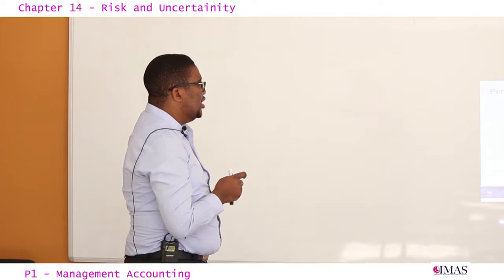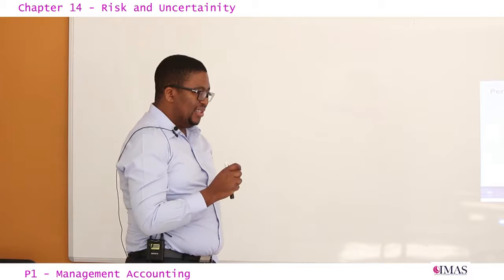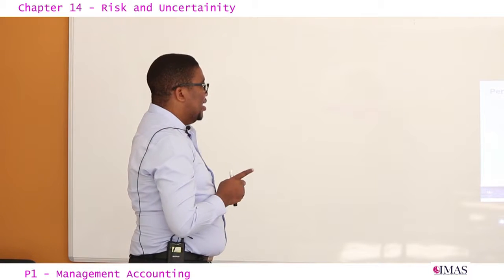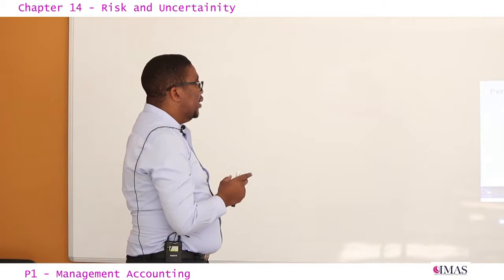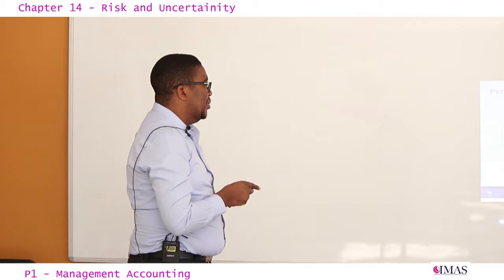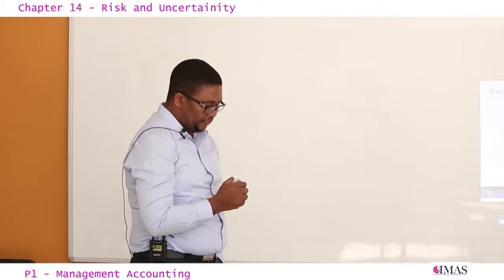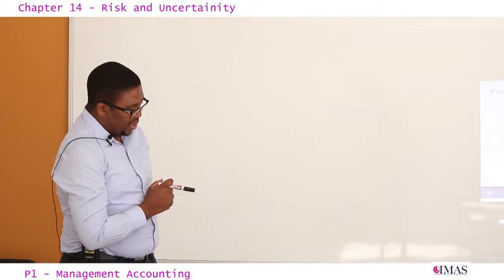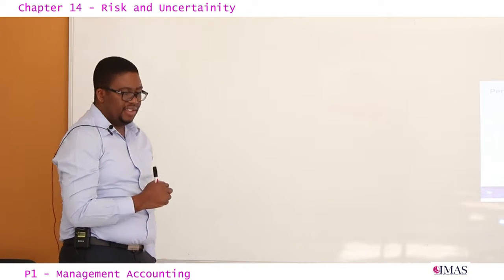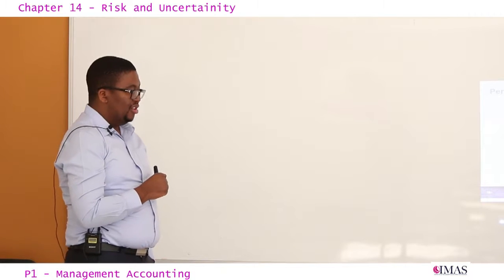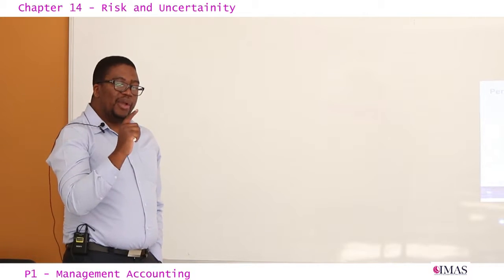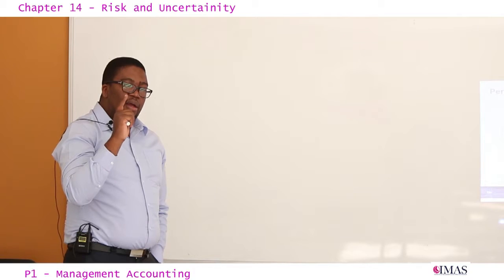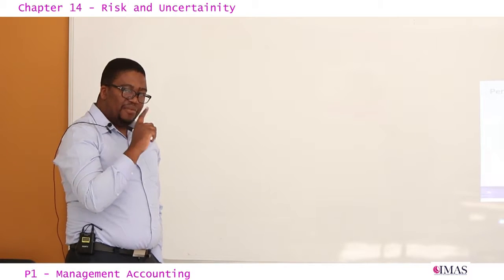The company uses expected value to make this type of decision. The net present value for each of the possible outcomes is expected. Now, what are we saying? If we have imperfect information, we are going to rely on the expected value of each of these projects.